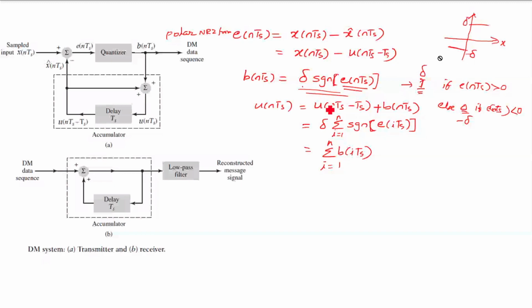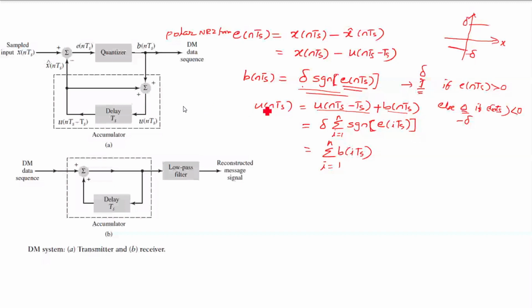This can be written as a summation, i equal to 1 to n, where the present value is u of n and the remaining past values run from 1 to n minus 1: delta times summation i equal to 1 to n of signum of e of i into ts.